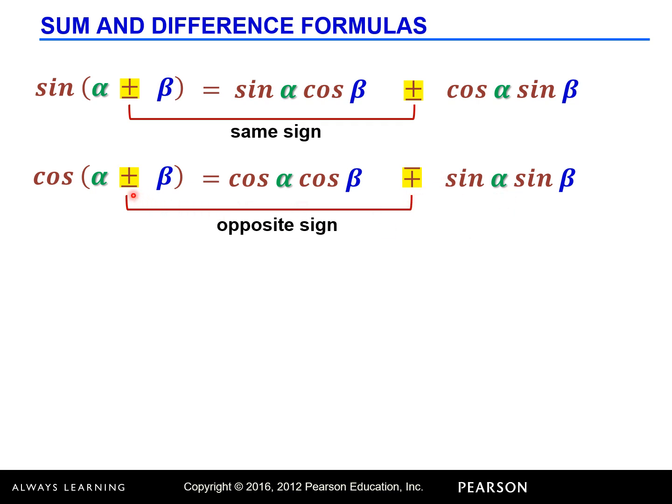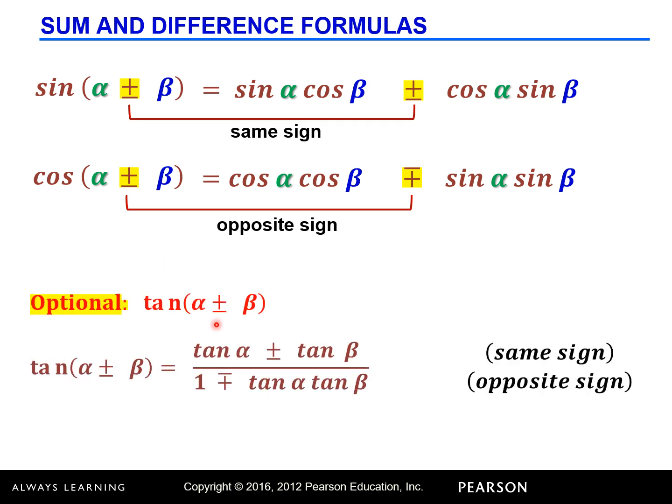And the sign here, if this is plus, then this is minus, and if this is minus, then this is plus, meaning they have opposite signs. And then for the next function, the tangent of the sum and difference angle formula, this is optional, but you may encounter tangent of alpha plus or minus beta in the homework, so you can make use of this.